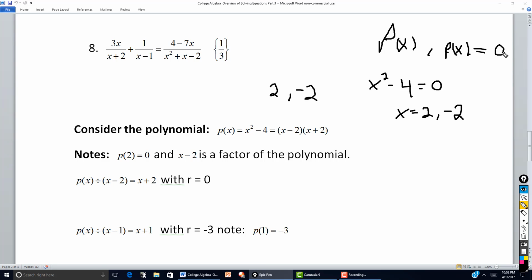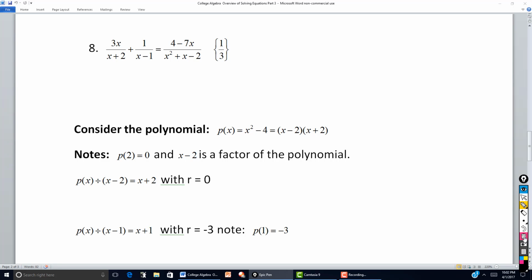Okay. So let's go ahead and clear this. And now hopefully this will kind of guide you a little bit more clearly on the equations that we're going to do next.